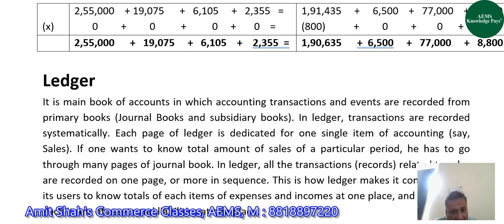So I explained here what is ledger. To some extent, I have also explained how ledger is maintained, means what we do exactly in ledger, and how it makes things convenient for the users of accounting information. I'm a user of accounting information. I want to know some information from books of accounts. If I have ledger, I can quickly get to know totals of any item of expense or income or balances of any item of asset or liability.